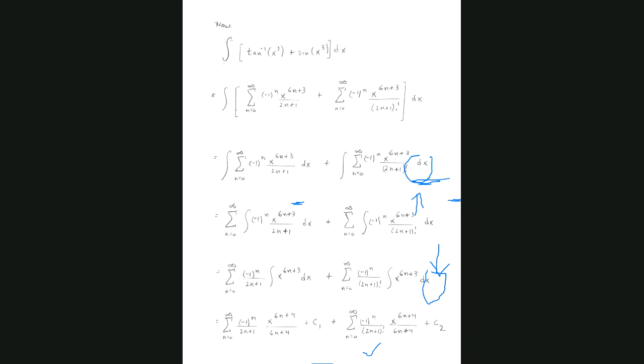Similarly, in the second integral, the -1 to the n over 2n factorial can also be treated like a constant with respect to that integral. So you can pull out those constants, and then you get to this stage. Step by step, you do the work step by step, and it makes it easy.